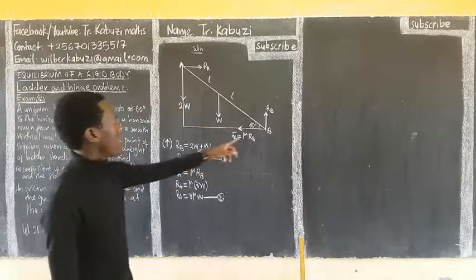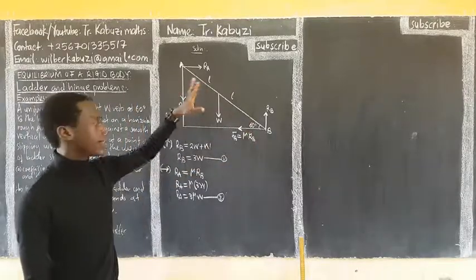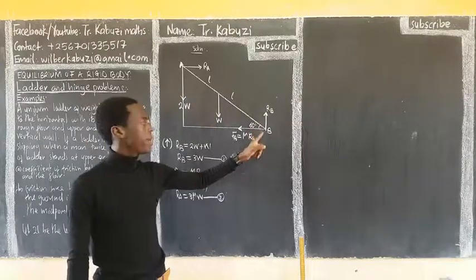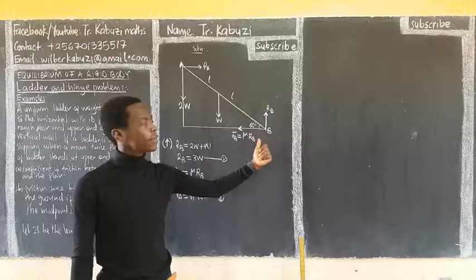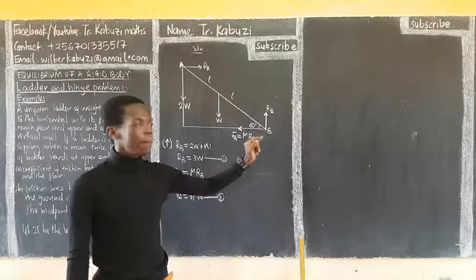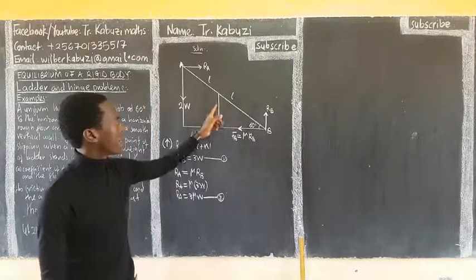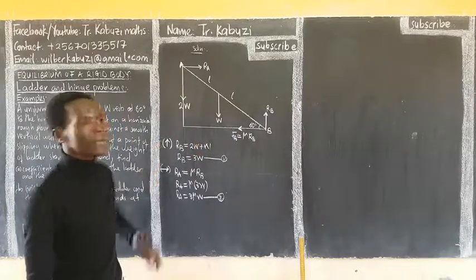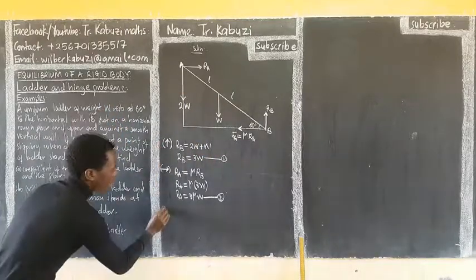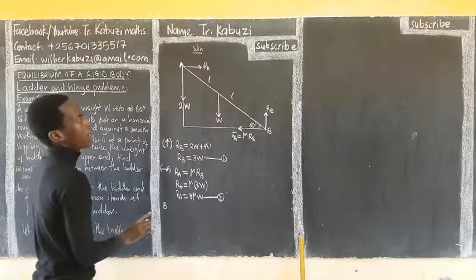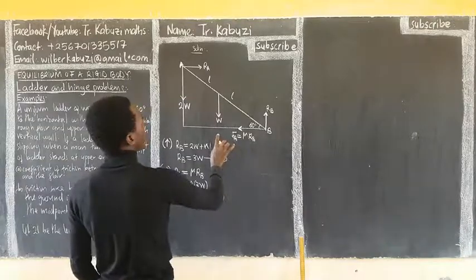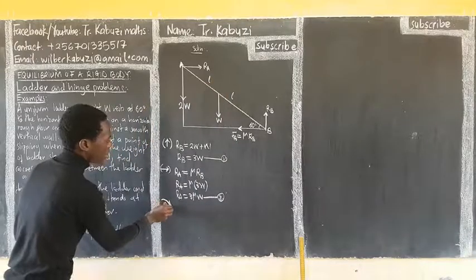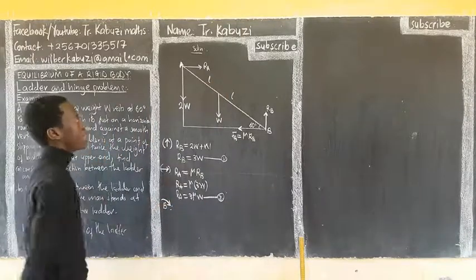Now, if you want to get one of the unknowns, you take moments at either A or B. But it's easier to take moments at B, because you have many forces acting at B. So it's better you take moments here, so that you can easily determine the perpendicular distance of this force and also of that force. So taking moments at B, let us take them clockwise, but you can also take them anti-clockwise.